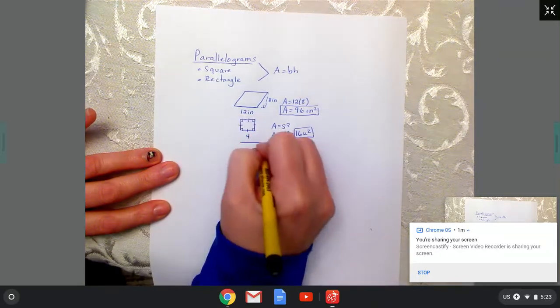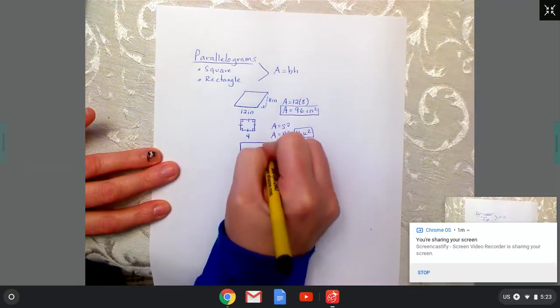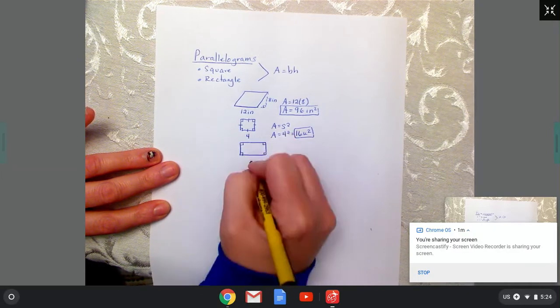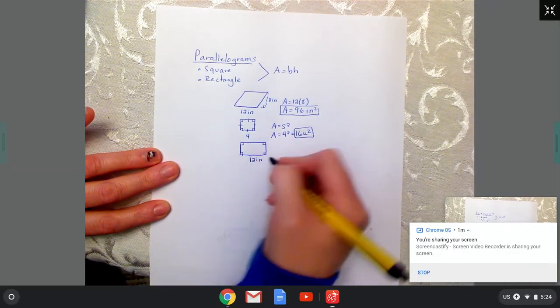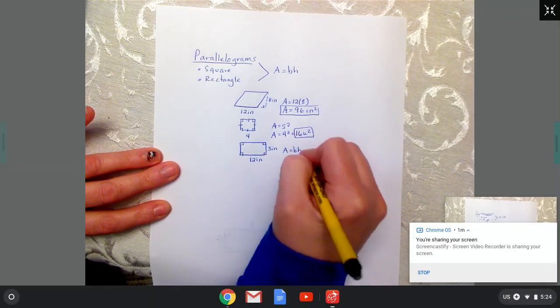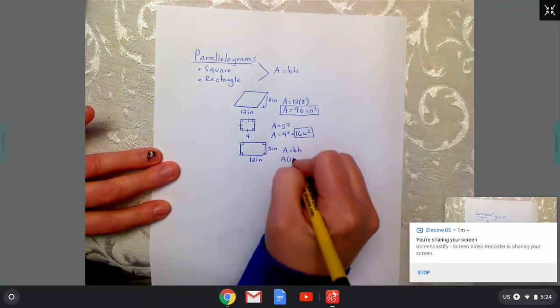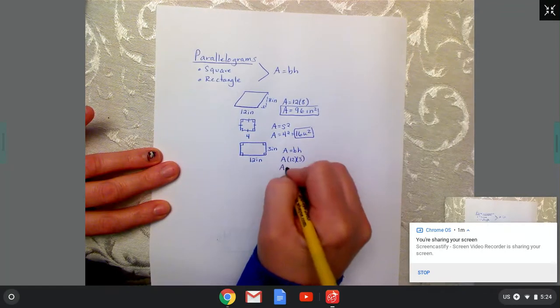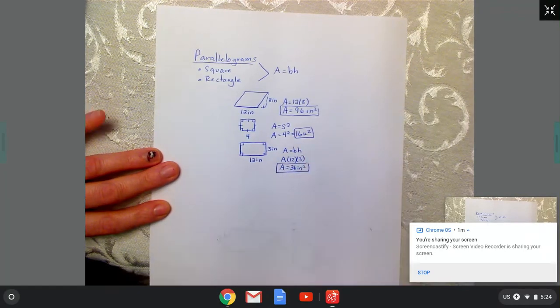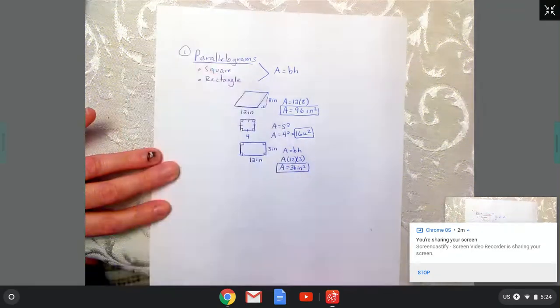And then if you have a rectangle, the length and the width are different sizes. So say you have 12 inches here and 3 inches there. You can use base times height for this one as well, 12 times 3, or length times width, 36 inches squared. Okay, so that was the first thing we went through, parallelograms.